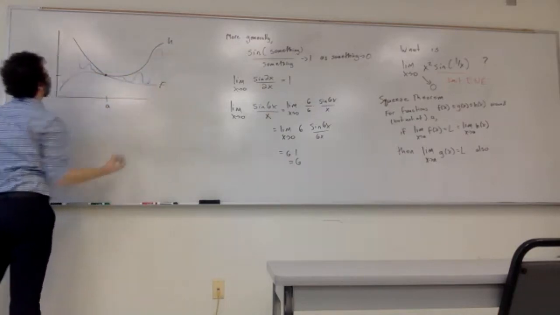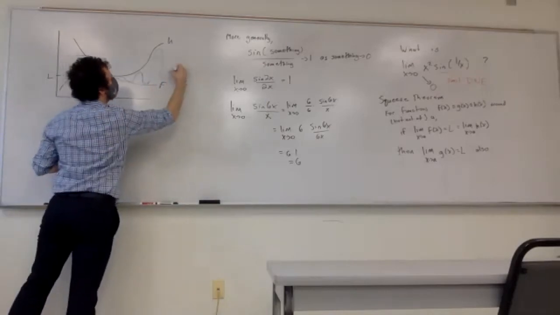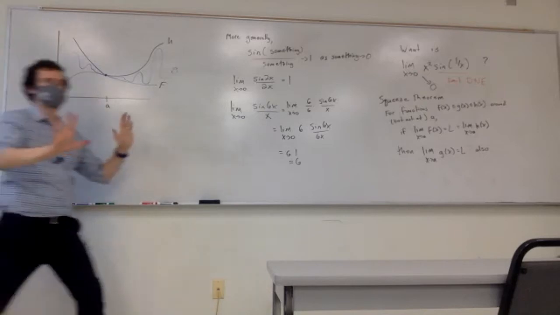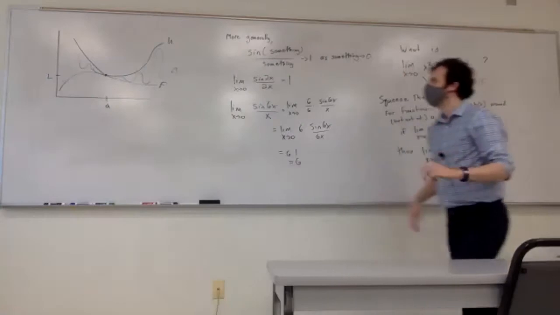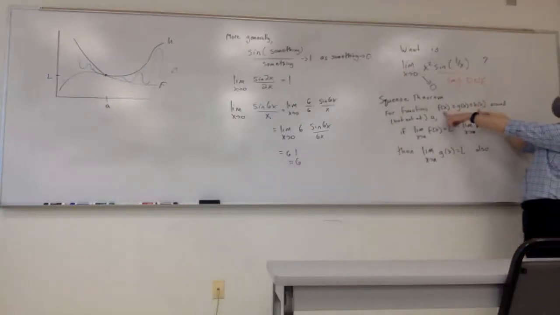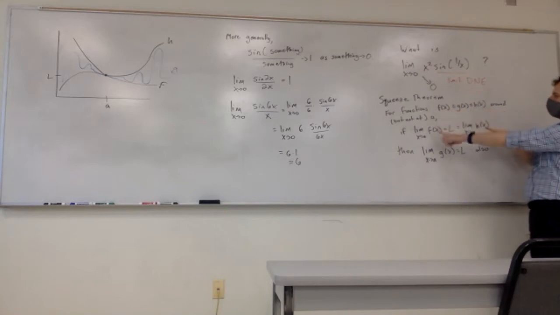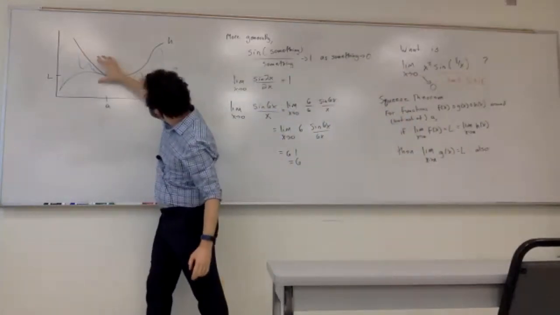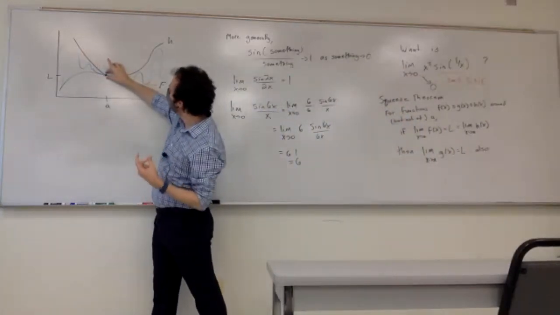So there's some function g stuck in the middle of them. And often this g is maybe not very nice. But what we can see happening is, because it's always stuck between f and h, and f and h have the same limit, as we get closer to this point A, it's squeezed between them.